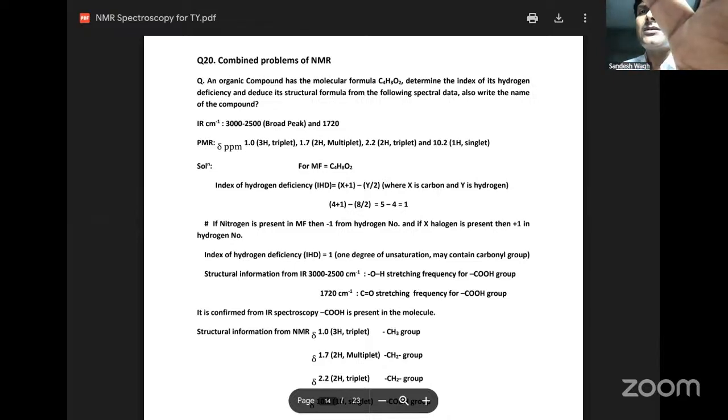because we have more than 20 combined problems and their solutions too. All the combined problems we will discuss, and their answers will be given. This will be a very crucial topic. I have checked most of the universities' papers, and the problems they ask I have noted down here, and their solutions will be given.